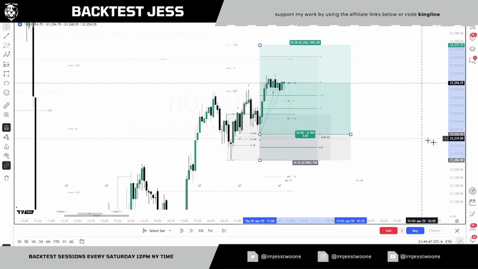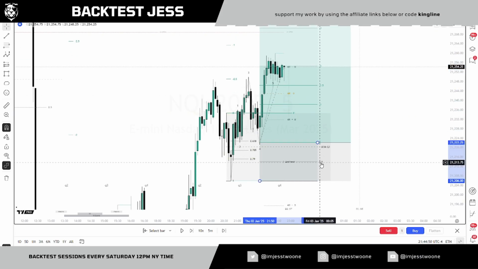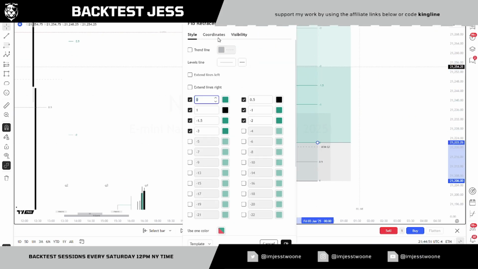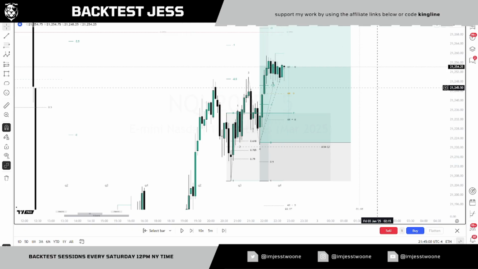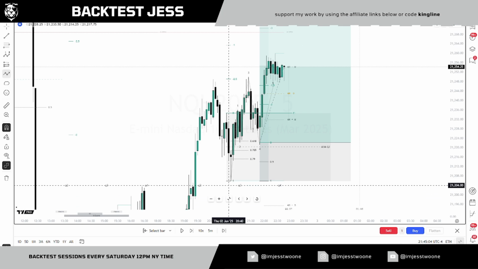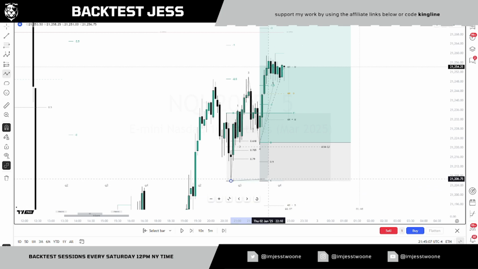I have to play price action significantly slower than I thought I did. I'll back this out. Okay, our trailing stop now would be here. As soon as we break 1.5, we are BE.